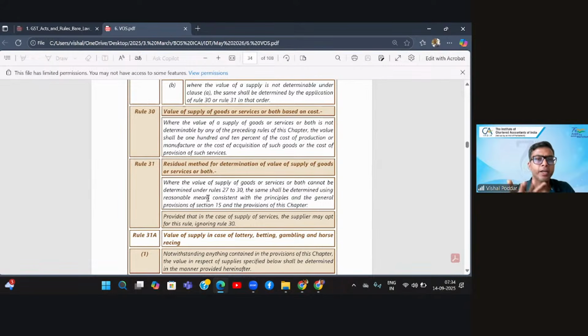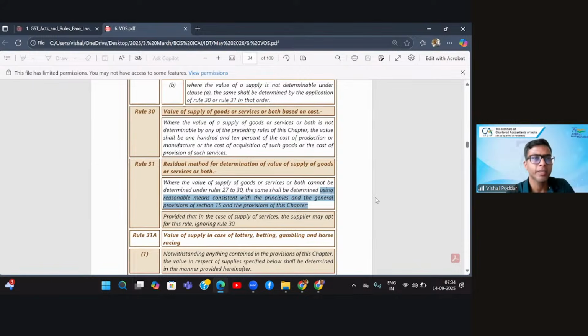It very open-endedly says that where value cannot be determined as per any of the above rules, the same shall be determined using reasonable means consistent with the principles and general provisions of section 15 and other provisions of this chapter. That's it. So there is no method, no mechanism given.